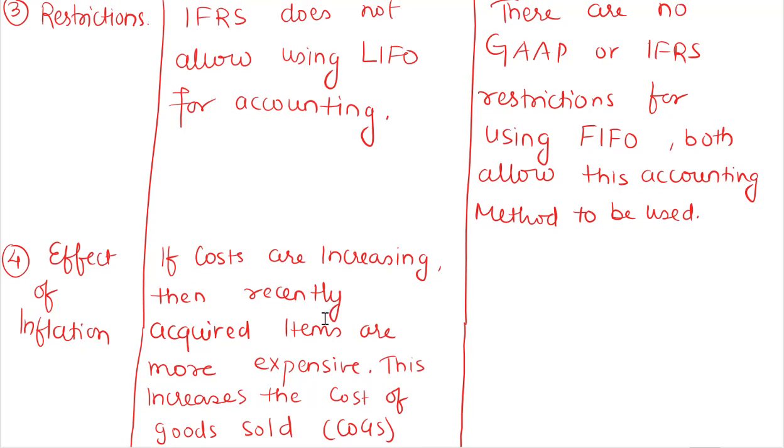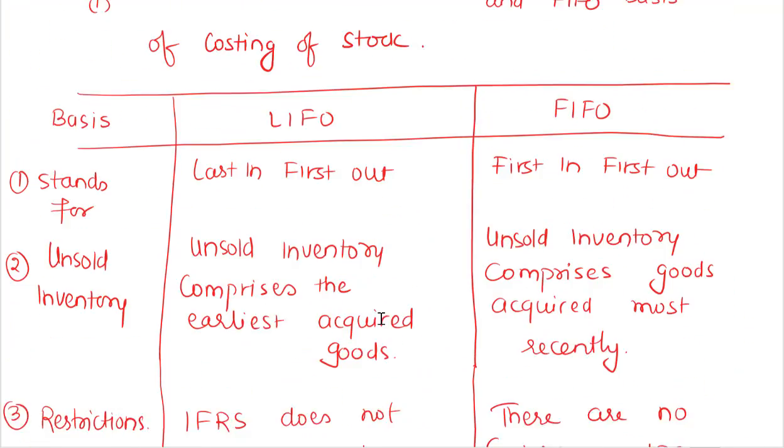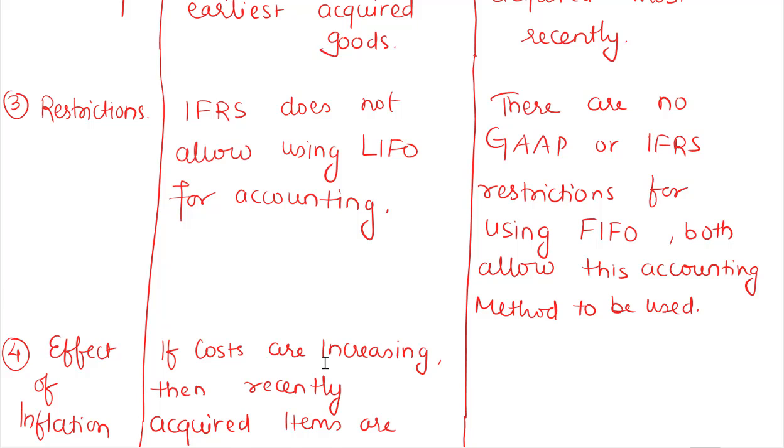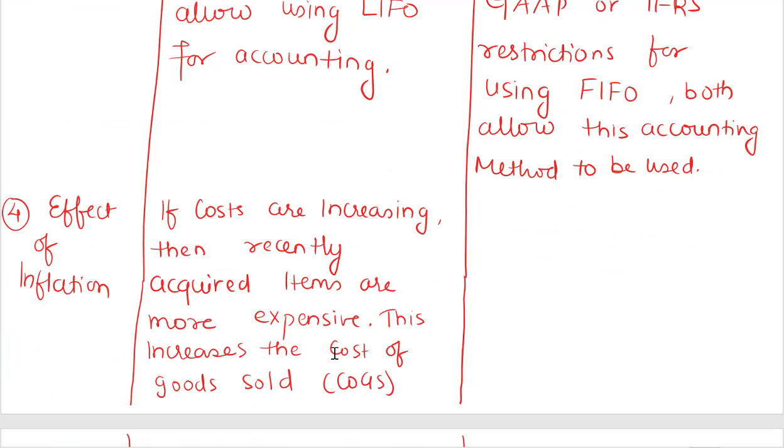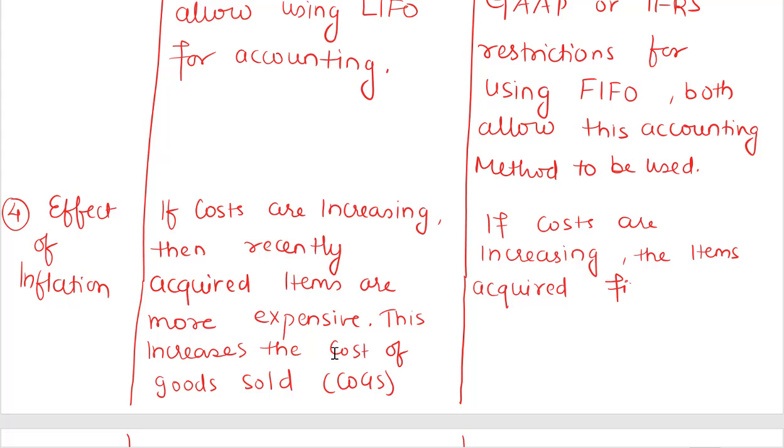Let's write about the effects of inflation in case of FIFO. If costs are increasing, the items acquired first were cheaper.